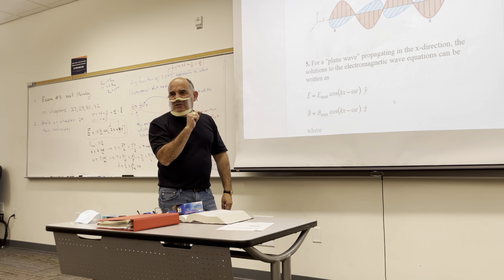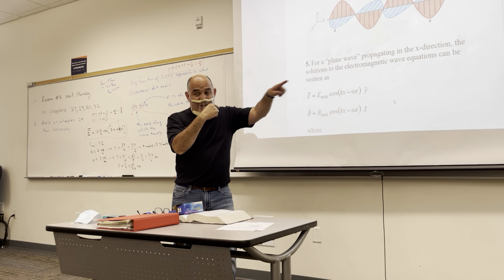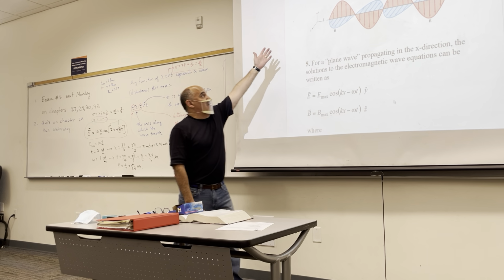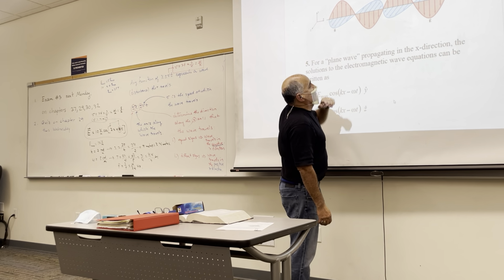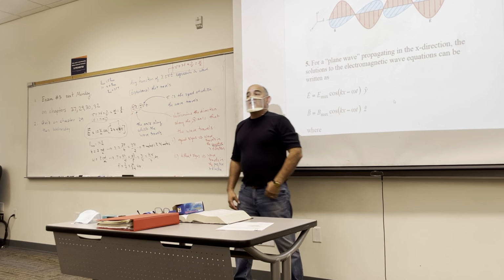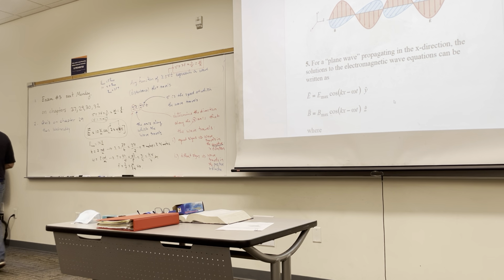But if the vibrations occur perpendicularly to the direction in which the wave travels, it's called a transverse wave. So this shows clearly that both the electric and the magnetic fields in vacuum vibrate perpendicularly to the direction that the wave travels. So electromagnetic waves are examples of transverse waves.